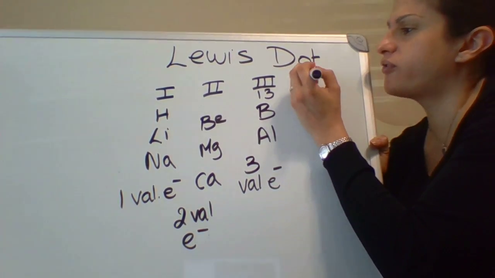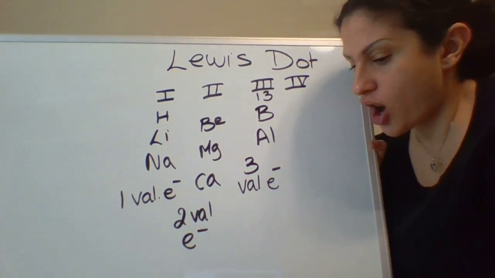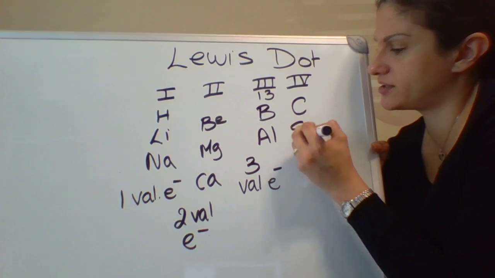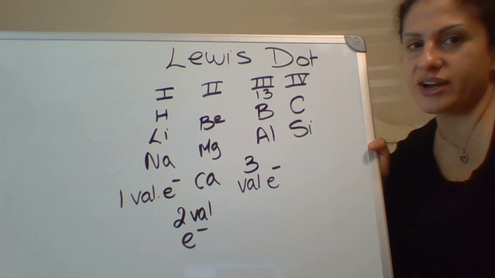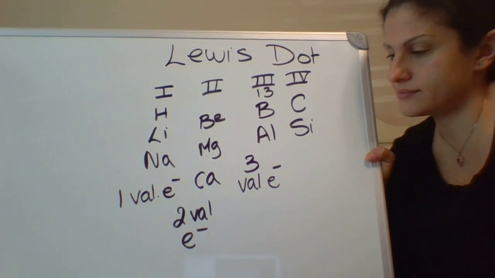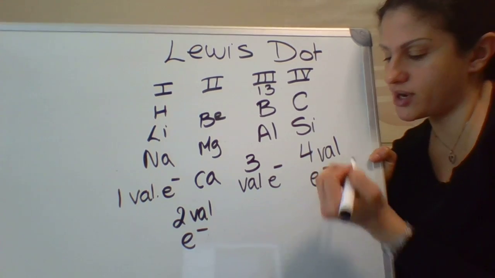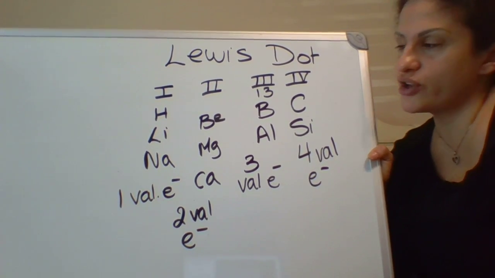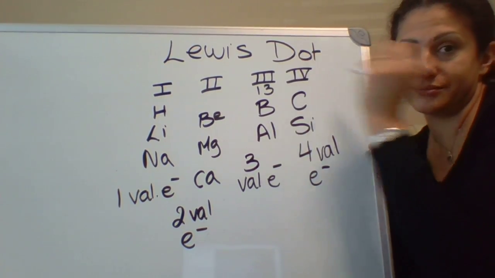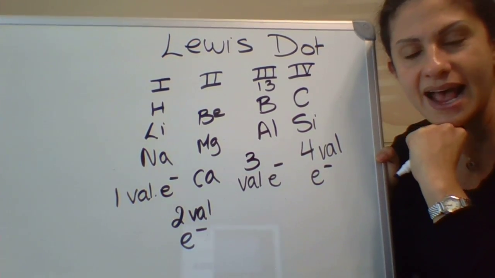If we go to group 4 or group 14, which contains carbon and silicon, do you see a pattern? Can you guess how many valence electrons these elements have? 4 valence electrons. So notice how the group number matches the number of valence electrons it has.